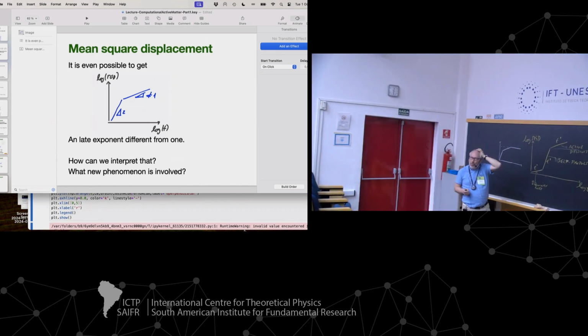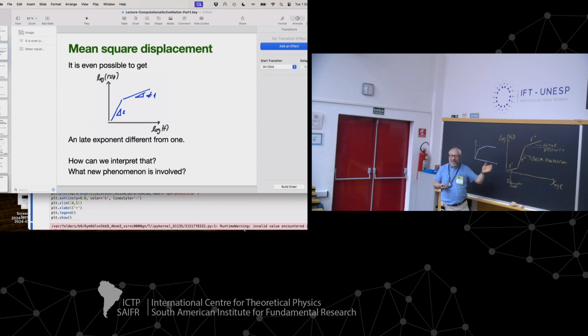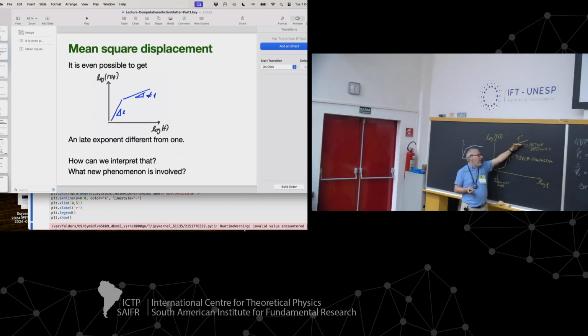If you have good data, which normally is not the case, you try to fit a straight line here in log-log space, fit another straight line, and you get the interception.